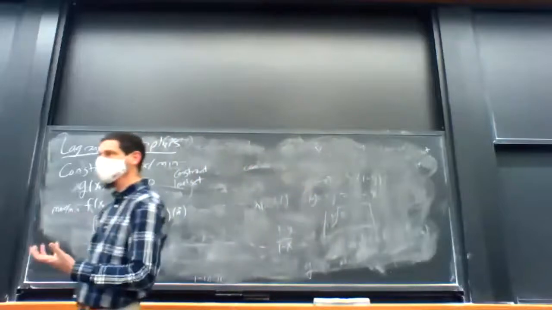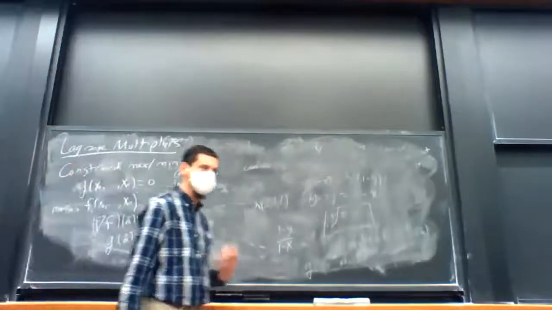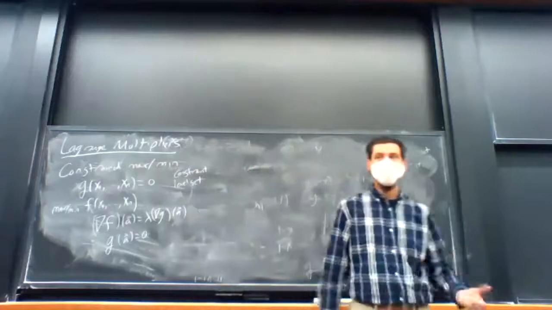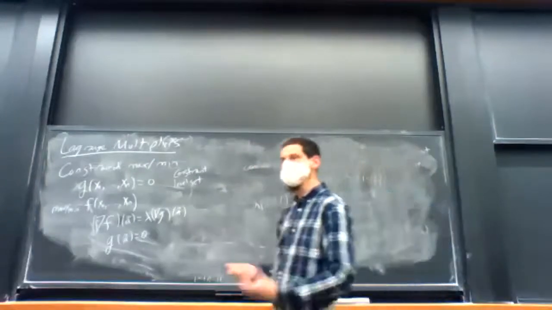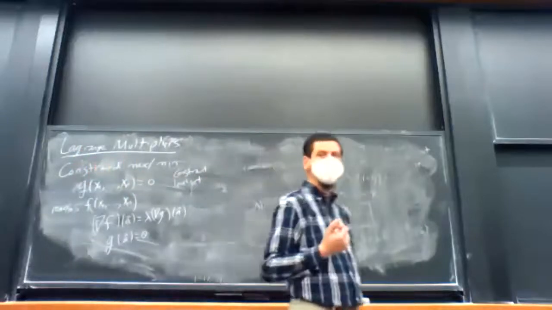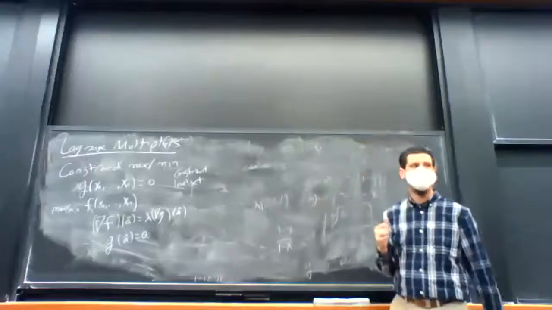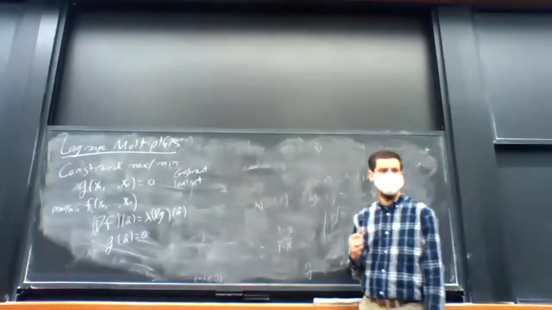It would be wonderful if our method gave us the points where the function took on its largest and smallest values. The quadratic formula is wonderful like that. If you're trying to find the roots of a polynomial of degree 2, ax squared plus bx plus c, you just plug in a, b, c to the quadratic formula, and boom, here are your two solutions. Lagrange multipliers will not give you that.